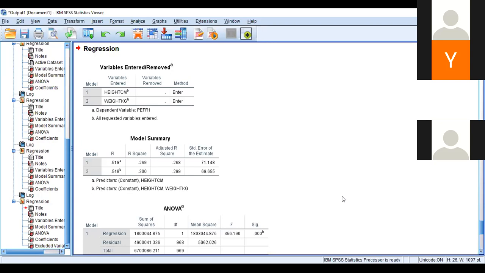So what is the addition? The addition is 4 point something. It's 3.1. Can you see? That shows that most of what you are seeing in the height is because of the weight. Somebody that is tall, a taller person will have more weight also.